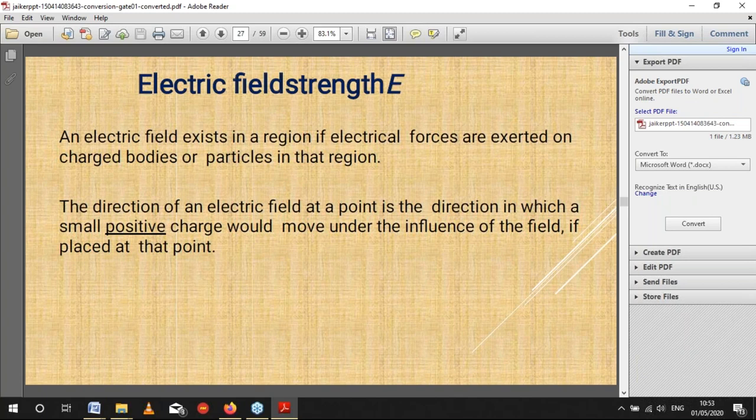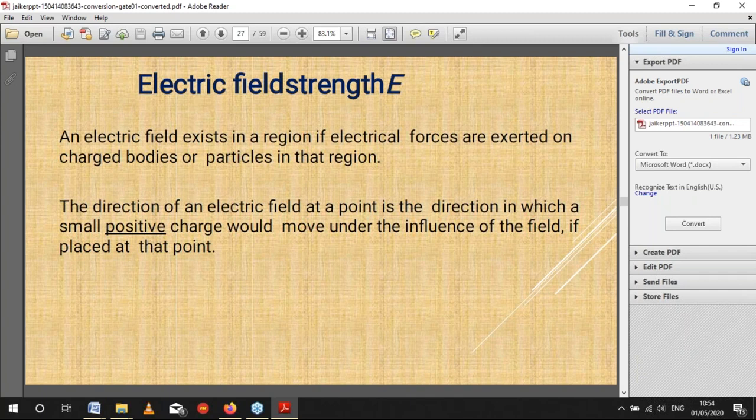Let's take a few questions on this. Please take this down. I just want you to try it on your own as an assignment. Question 1: hydrogen has a single electron orbiting about 0.5 angstroms, that is 5 times 10 to the power minus 11 meters, from the center of the nucleus.